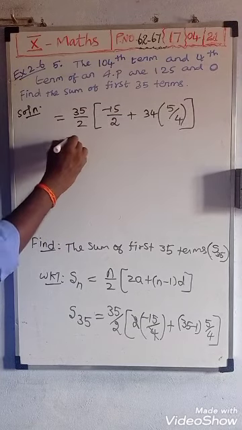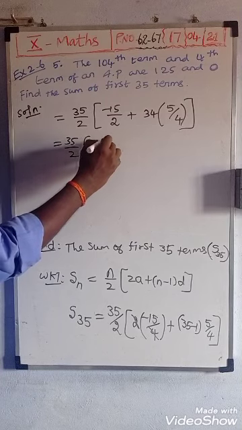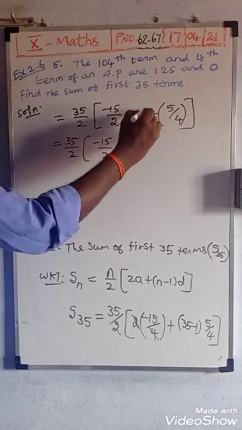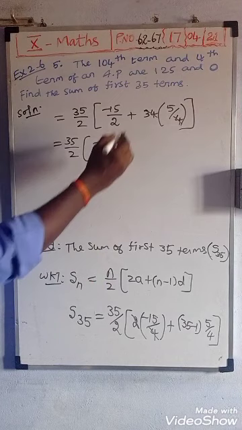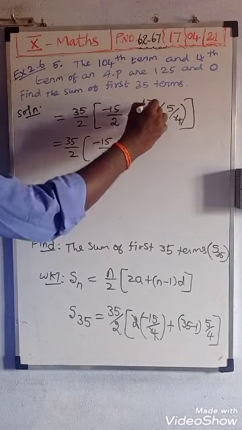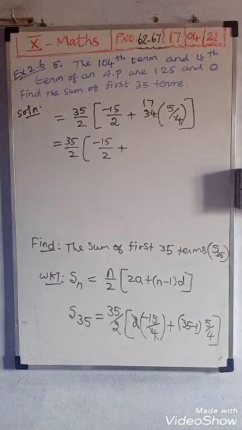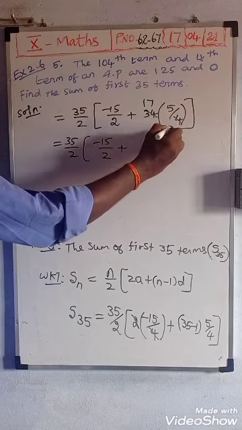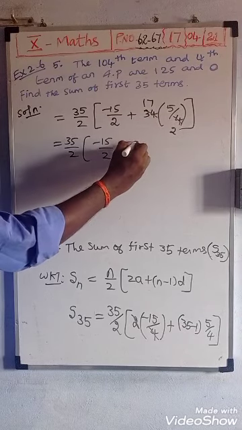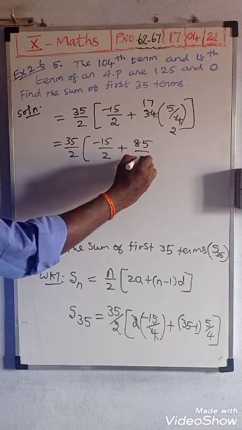Now again 35 by 2 times (minus 15 by 2 plus this) and this cancel means 2 table. 17 2s are 34, here 2. Now 17 5s we multiply, we will get 85 by 2.